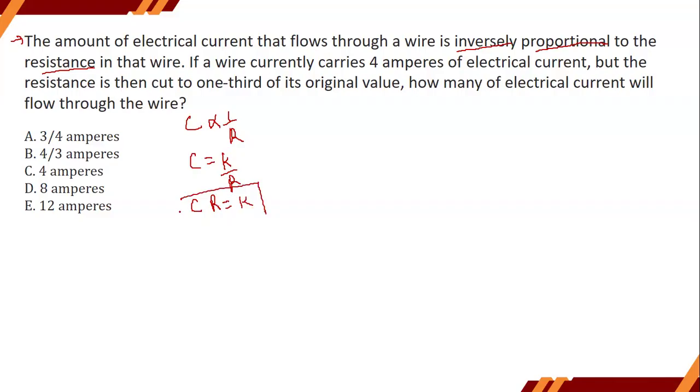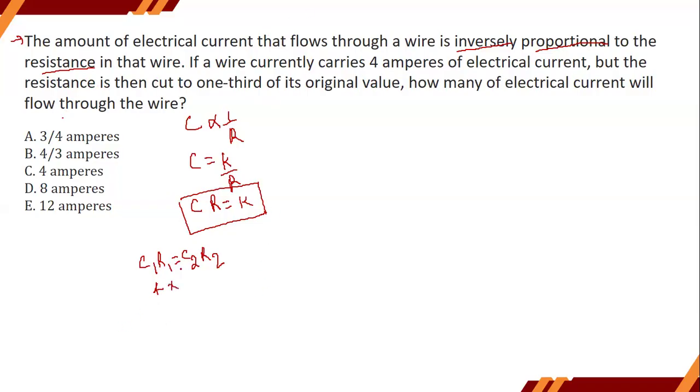So you need to set up the product here. So with this, we have C1 R1 is equal to C2 R2. Now let's figure out what C1 and C2 are. So here, if a wire currently carries 4 amperes, so C1 is 4 amperes, but the resistance is then cut to 1/3 of its original value.